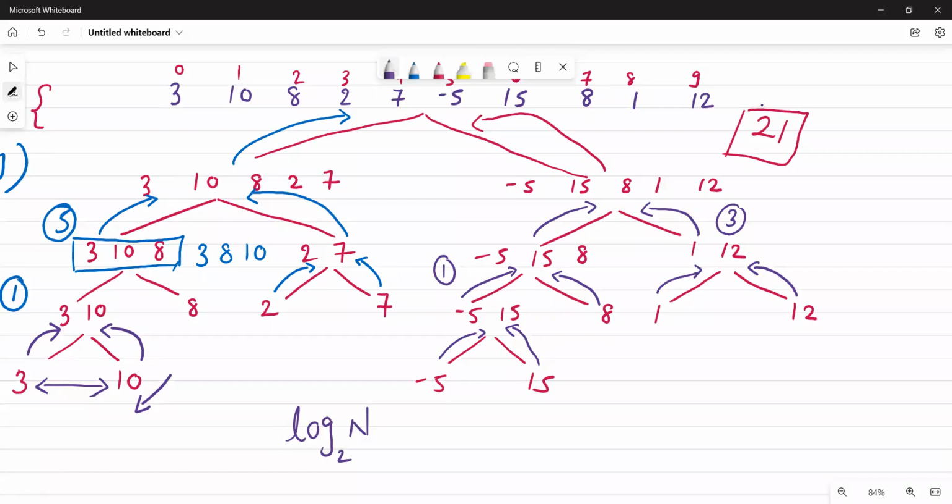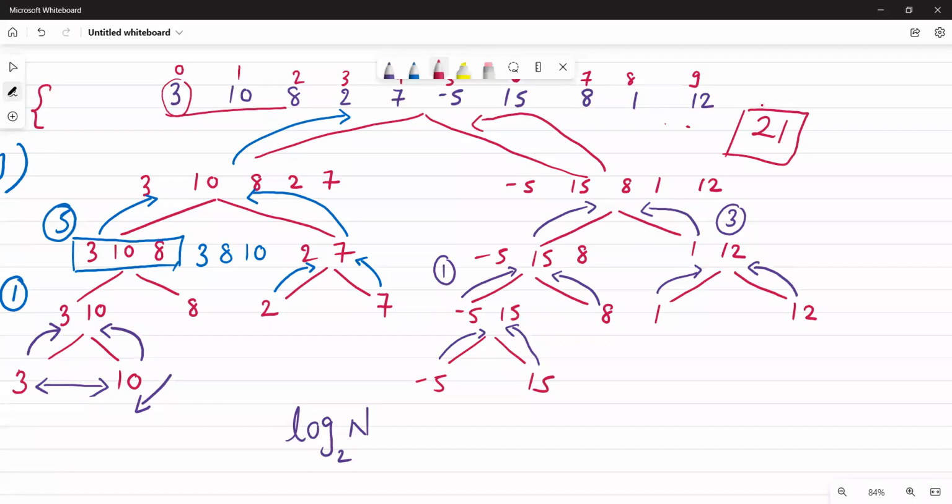And next, in the comparing, in the worst case, what is happening? Here are 5 numbers, here are also 5 numbers. We are comparing 3 with the remaining 5 numbers on the right hand side, to see if it is a perfect pair or not.